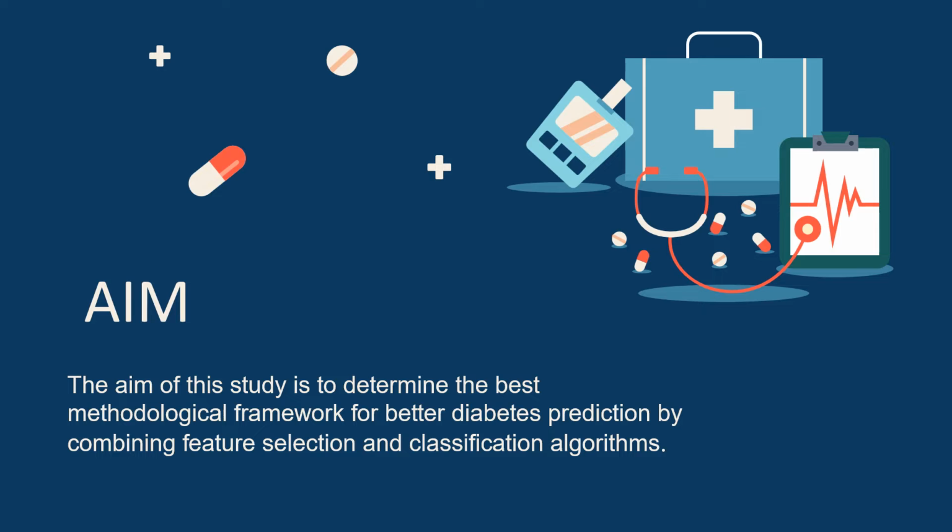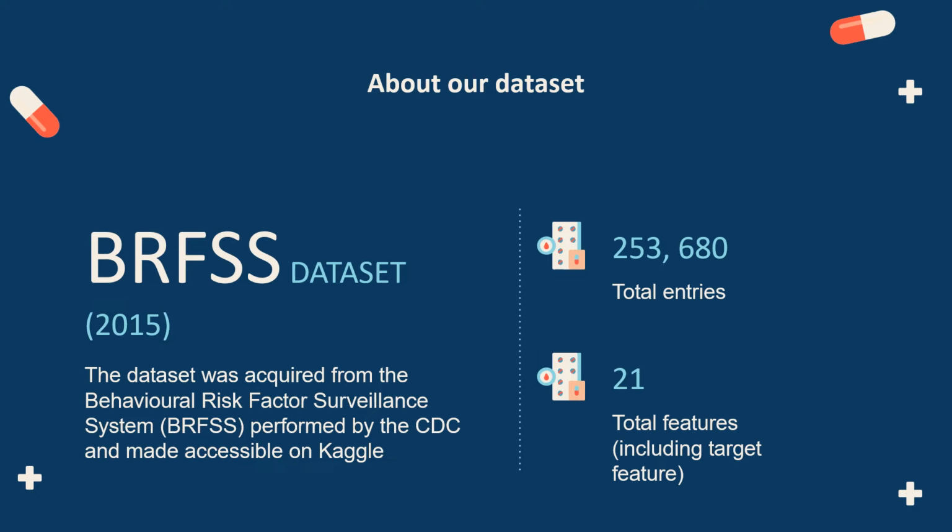Therefore, the aim of this study is to determine the best methodological framework for better diabetes prediction by combining feature selection and classification algorithms. The collected dataset for this study is from the Behavioral Risk Factor Surveillance System and has a total of 253,680 entries.